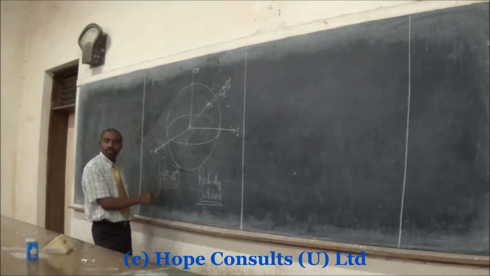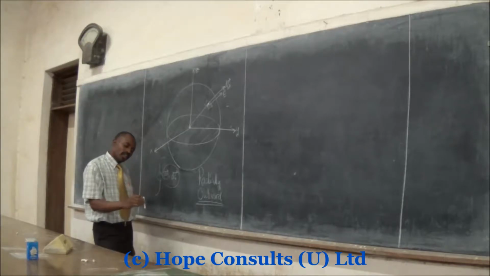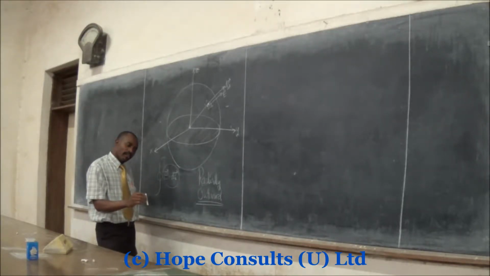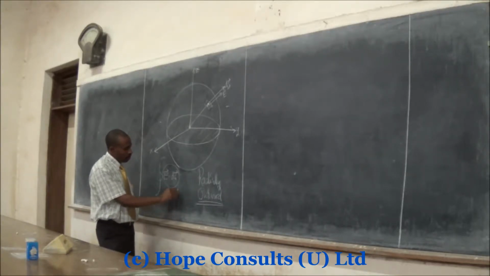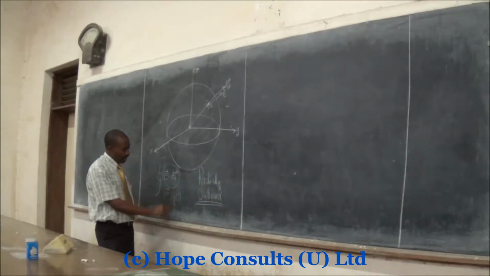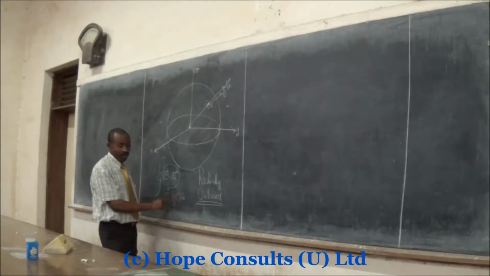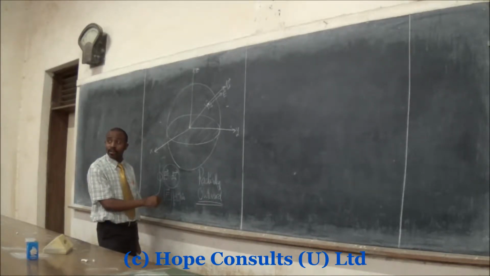Because the elemental surface vector is along the radius, so is the electric field density. The dot product is the product of the magnitudes of these two quantities, multiplied by the cosine of the angle between them.